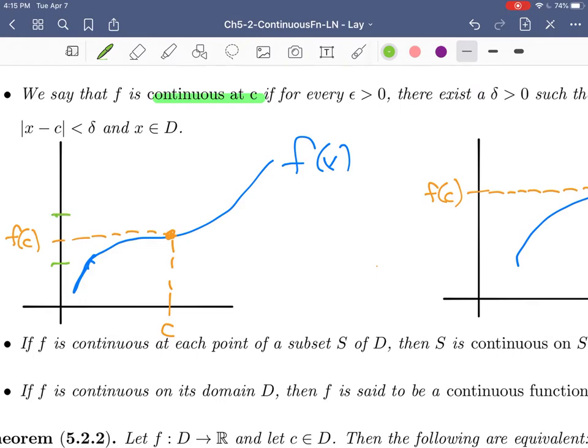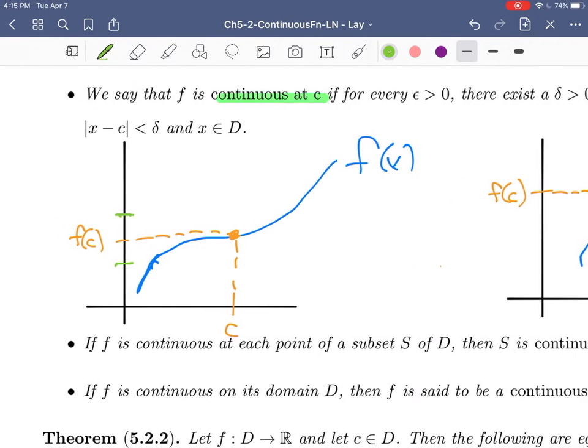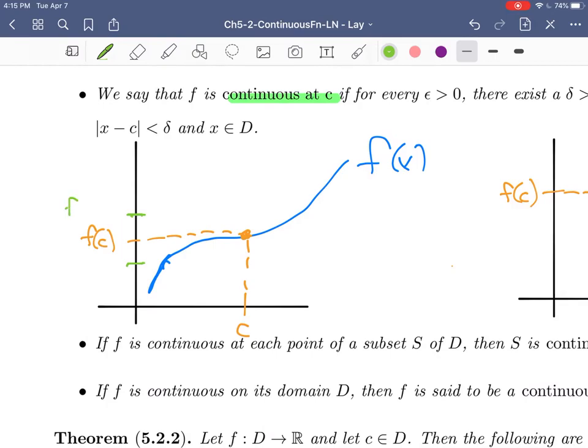And so for our y values, for that vertical axis, we can say we're going f of c plus epsilon and f of c minus epsilon. We want to ensure that we are within that vertical window.